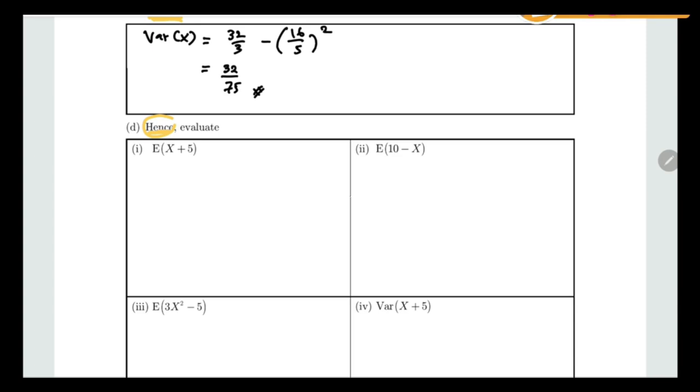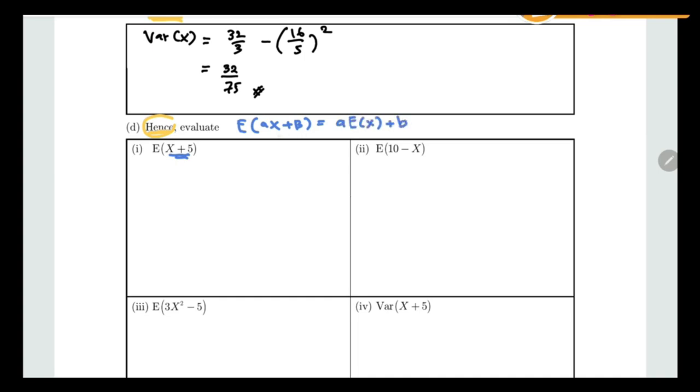We go for the expected value first, which is the expected value of x plus 5. We are going to use the properties. The suitable property here is for the expected value of ax plus b. It states that if we have this kind of expected value, it is equal to a times the expected value of x plus b.